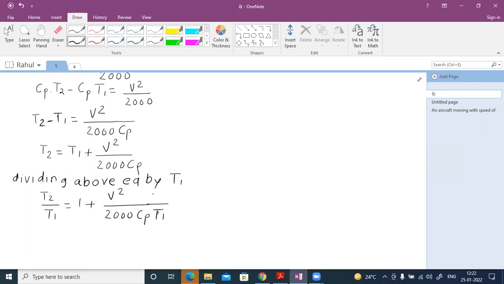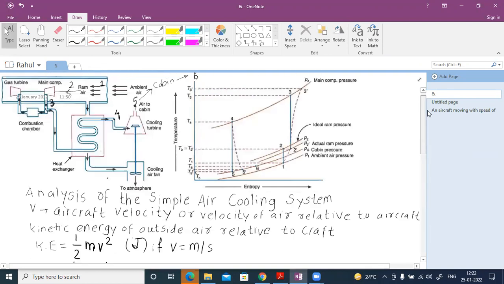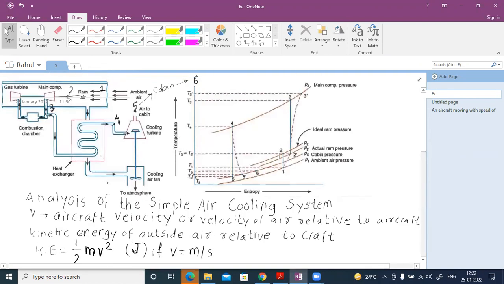Now see, what is T2? T2 is the temperature after ramming. Whether you go ideally, that is 1 to 2, or actually, that is 1 to 2 dash, I already told you 1 to 2 is the ideal process and 1 to 2 dash is the actual process. But whether it's ideal or actual, we need to get the same temperature.